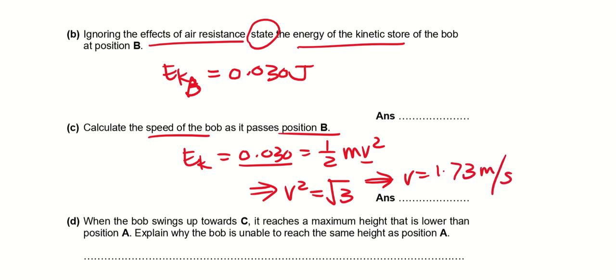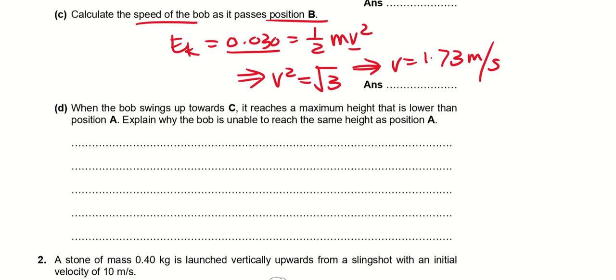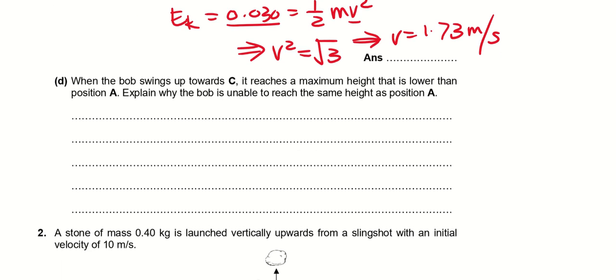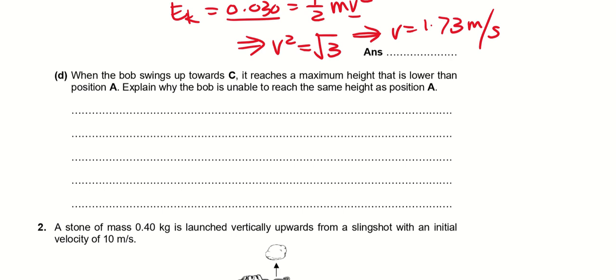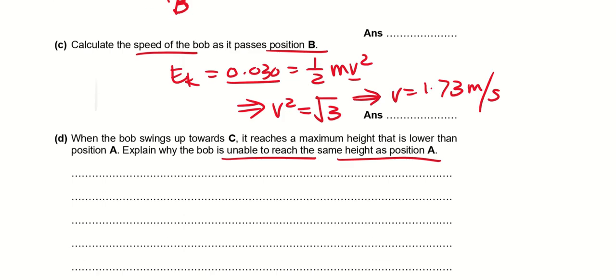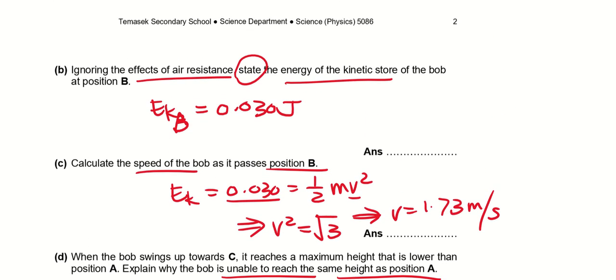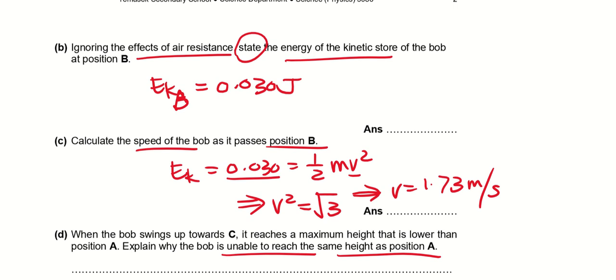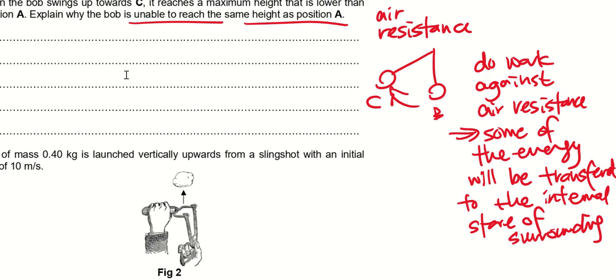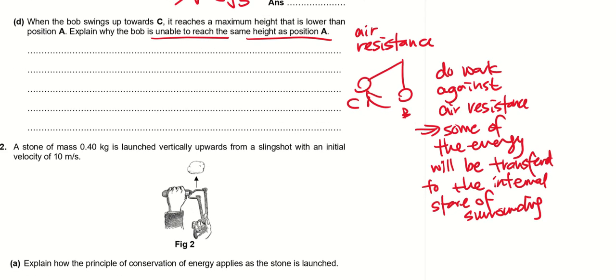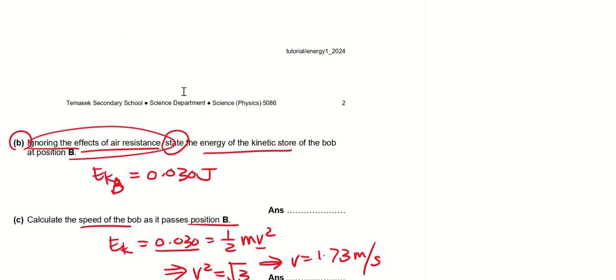Now, when the bob swings up towards C, it reaches a maximum height that is lower than position A. Explain why the bob is unable to reach the same height as position A. In part B, we asked you to ignore the effects of air resistance.